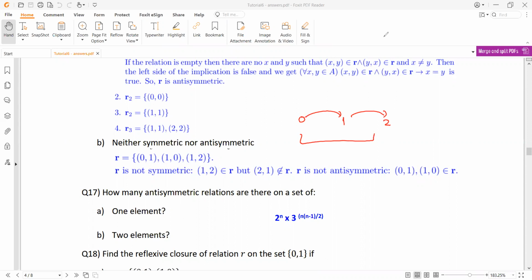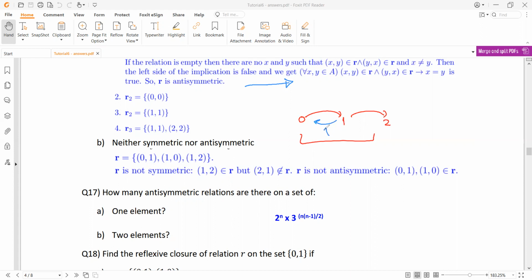In order to violate anti-symmetric also, I need to add, for example, here, 1 goes to 0. So the condition for anti-symmetric is that you have all the transitions in one direction. You can't have the other direction going back.